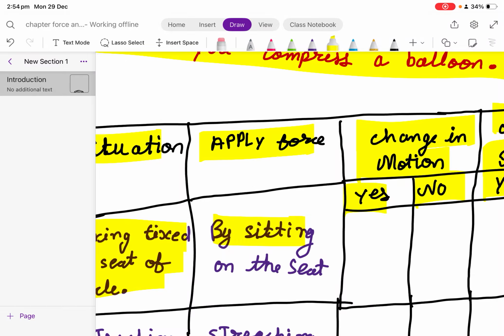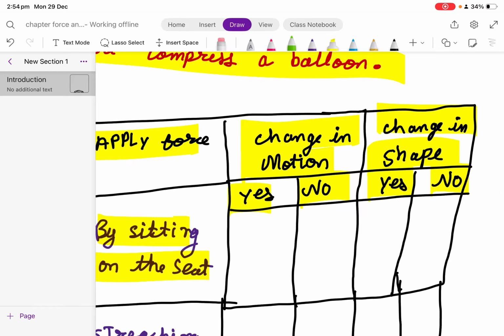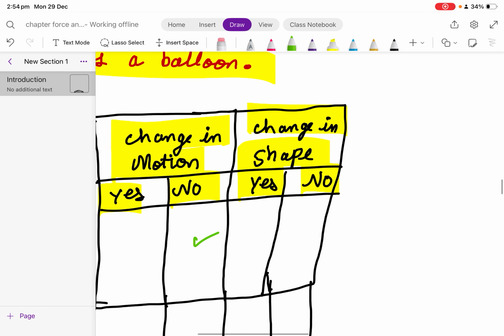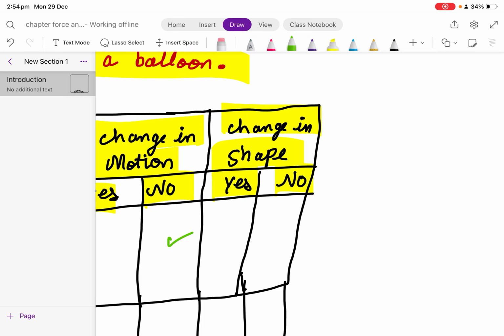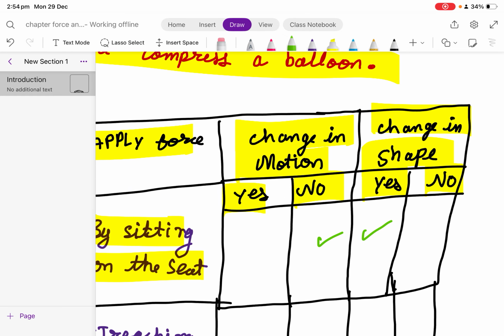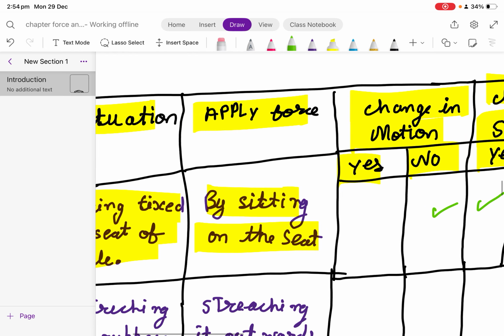How the force is applied is by sitting on the seat. Change in motion? No, there is no change in motion of the seat. The seat remains there only. The seat doesn't move when you sit on it.